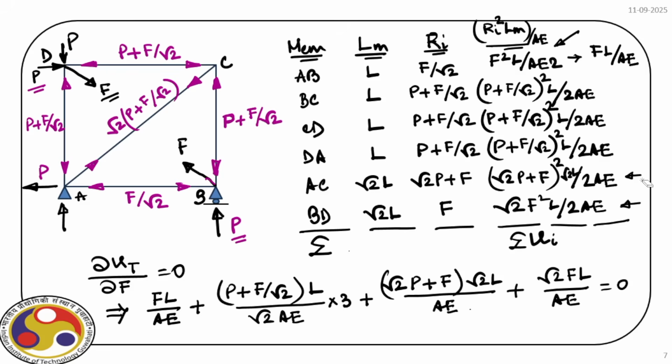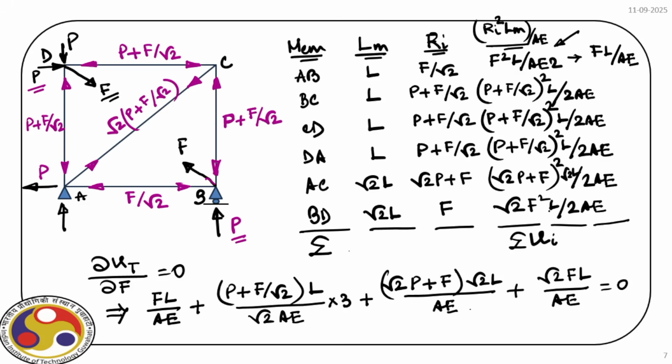Now we have 2 remaining members. First one is AC, and for that you can see root 2P plus F whole square times root 2L divided by twice A. So if we differentiate this with respect to F, we have root 2P plus F times the length of this member root 2L, and then we have to differentiate F with respect to F, which is 1.